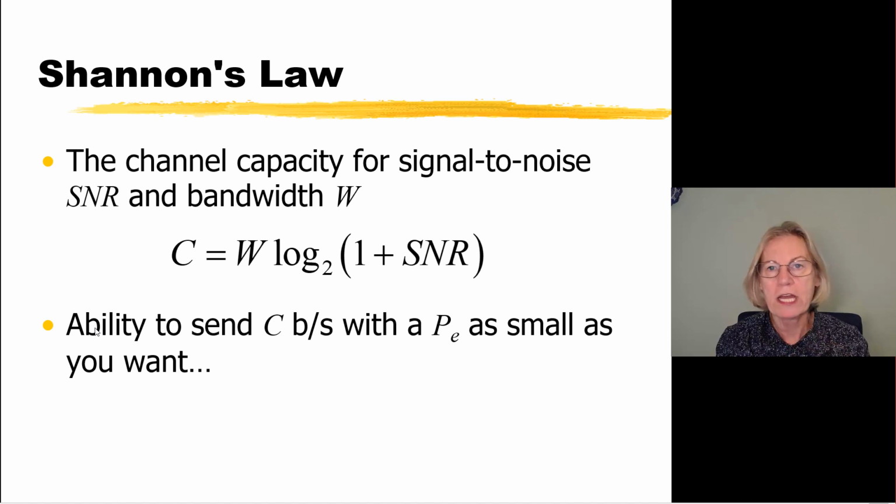I can spend more money, more DSP, and get a better probability of error. But when I try to send even 1 bit per second more, that will no longer be the case. And this limit is called C, the channel capacity, and you can see the units are in bits per second.